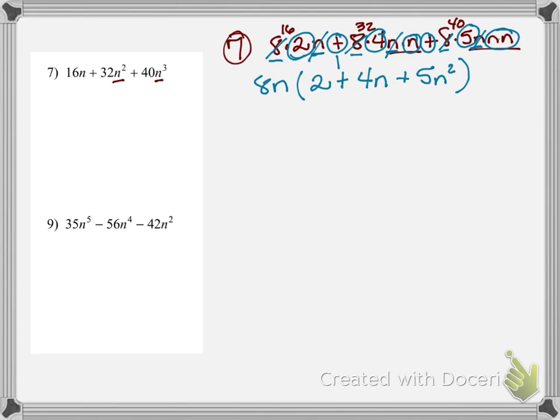Alrighty. Number 9. I'm looking at 35, 56, and 72. And what pops to my mind is 7. Because 35, the only thing that'll make 35 is 7 times 5.